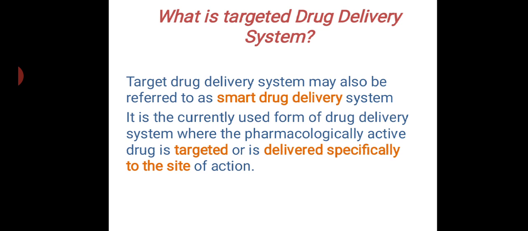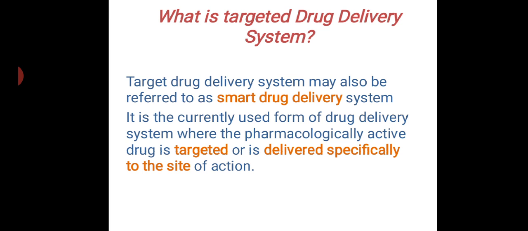But what is the ideology or concept behind the targeted drug delivery system? It is targeting, as the word clearly indicates. Which cell we want to target, which is the site of action, which is the target cell. So for the particular target, this delivery system is able to carry the drug molecule. If you are administering the drug orally, or by an IV route, whichever route it might be, we are administering the drug with the help of a carrier.